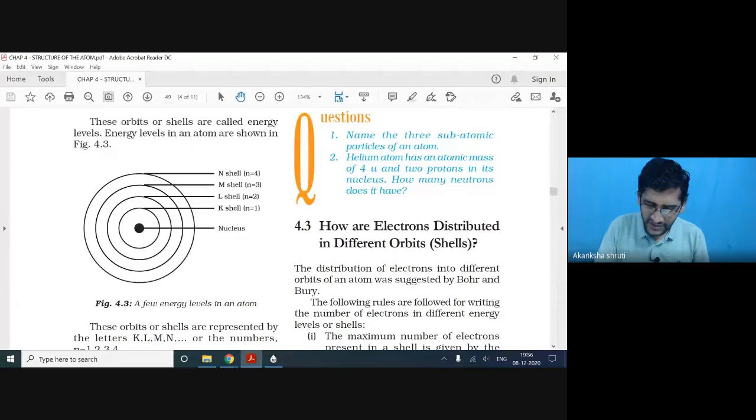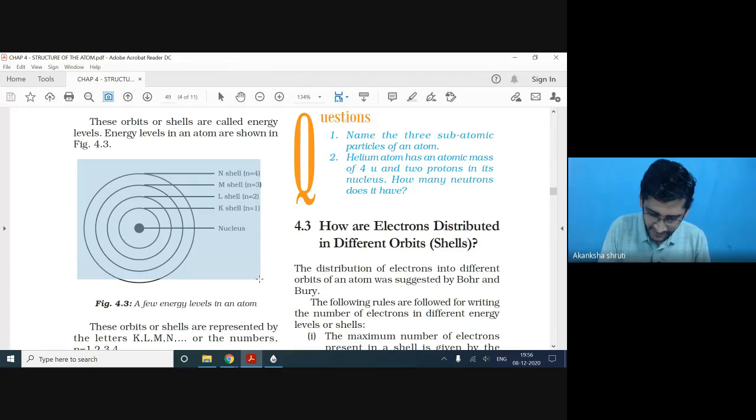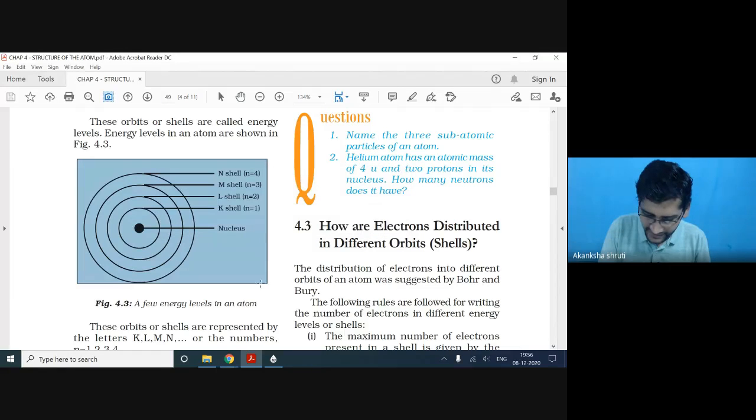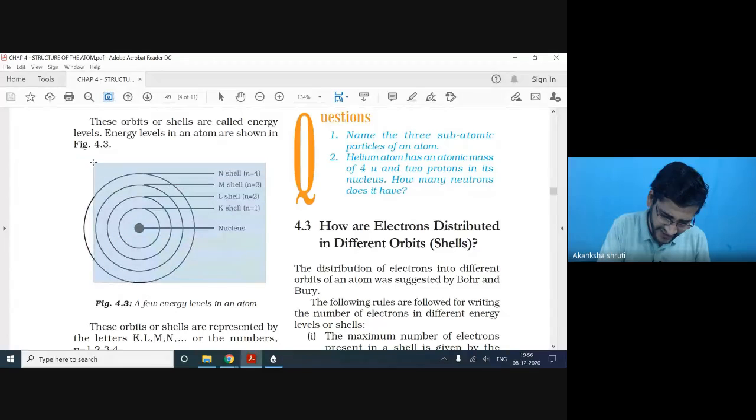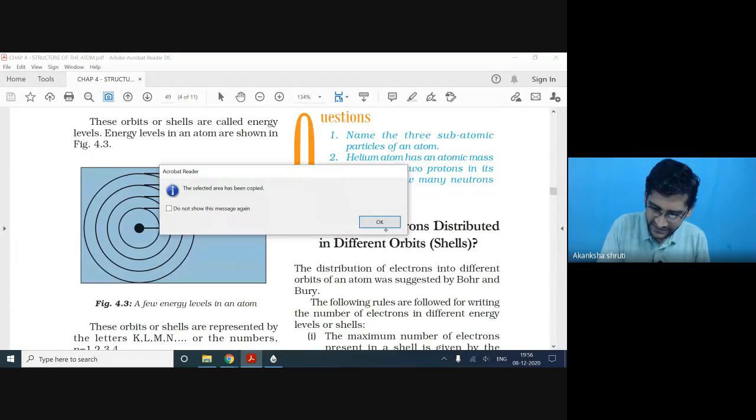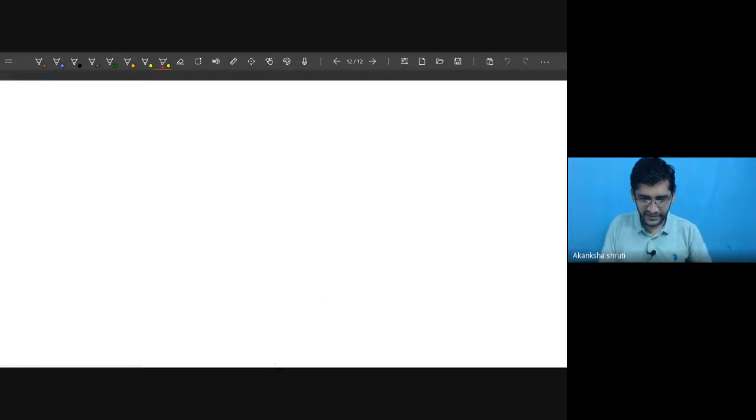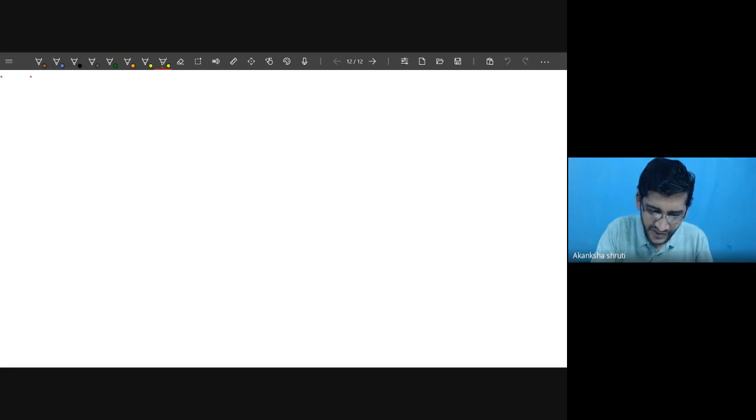These orbits are also called energy levels. Whether we call this an orbit or an energy level, it means the same because they always have fixed energy. Considering the fixed energy, it is also called an energy shell. So let us write it here.